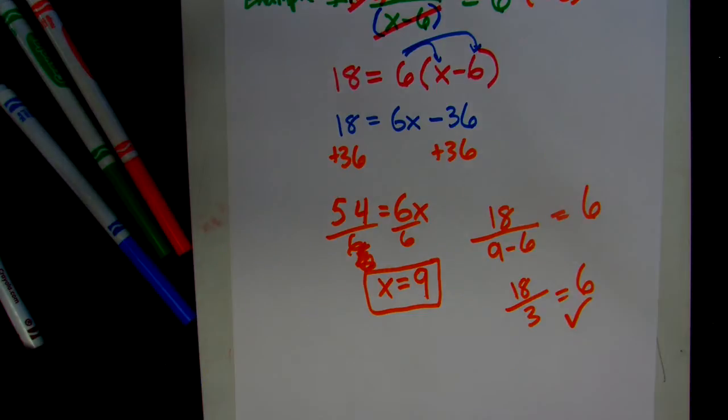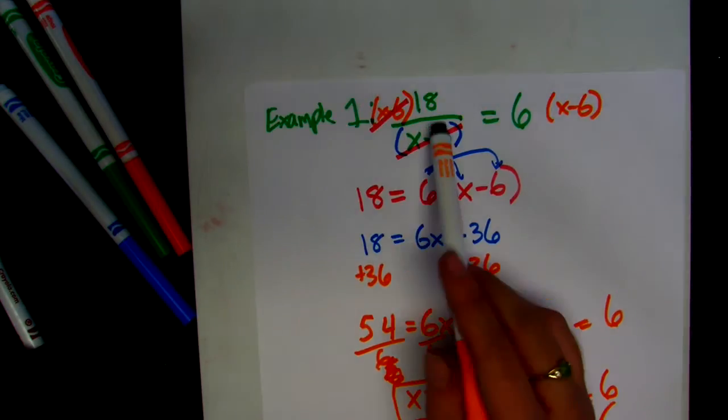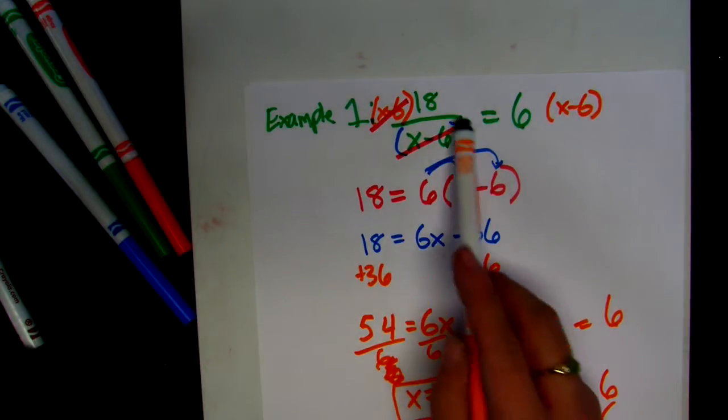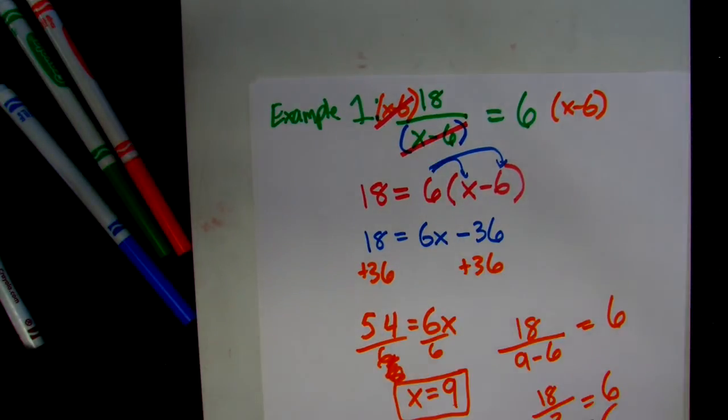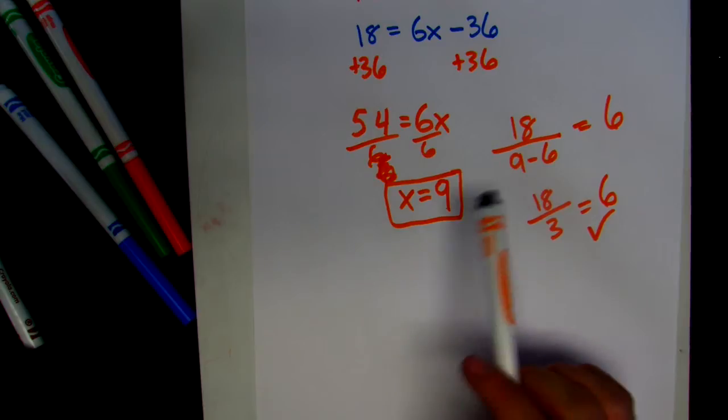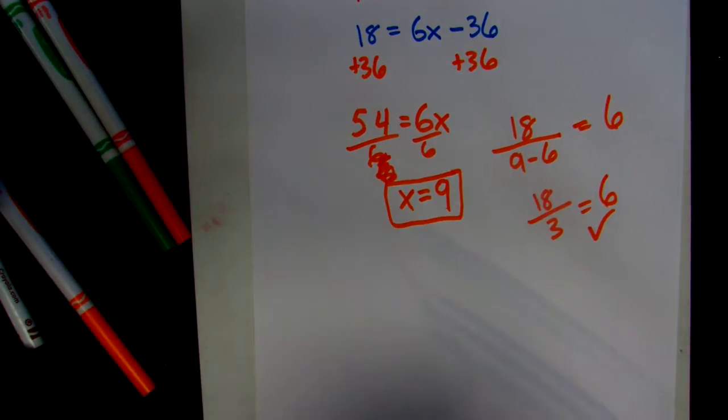Because it says not 6, and our answer is 9, that means it's going to work. So that's another way to check your answer other than substituting it. You just consider, what's the domain? What can x not be? Once you determine that, you can check your answer that way as well.